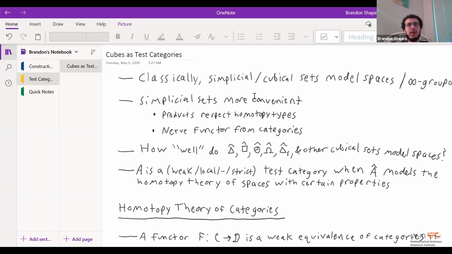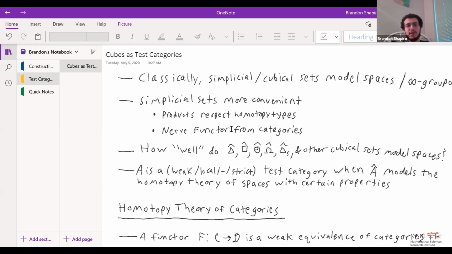Because my outlook on these things tends to be that the most fundamental descriptions come from nerve functors, and categories have a canonical nerve functor to simplicial sets constructed in a particular way. And that, by what you just said, would, if you have theorem A in categories, give you the join through the transporting of theorem A to simplicial sets.